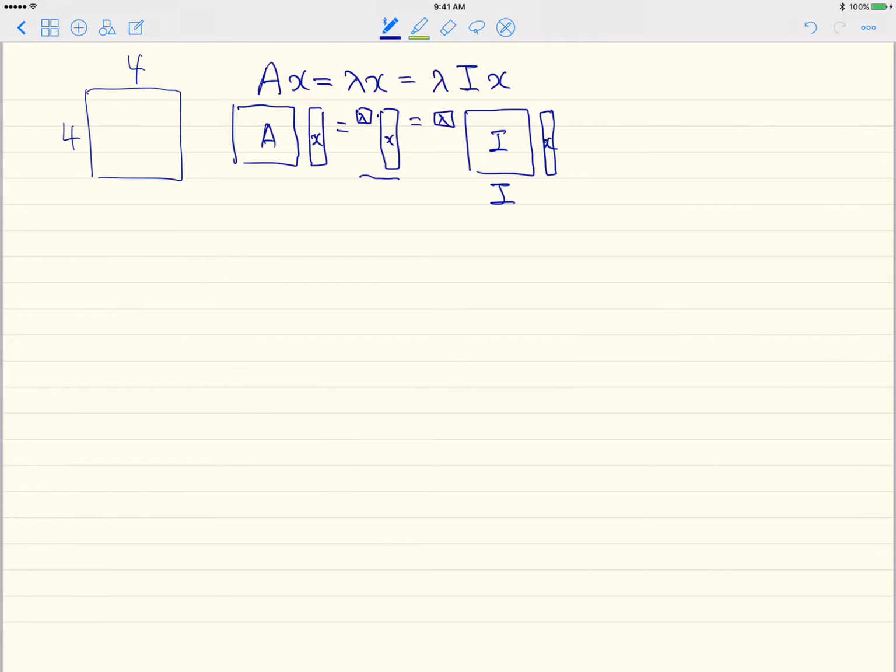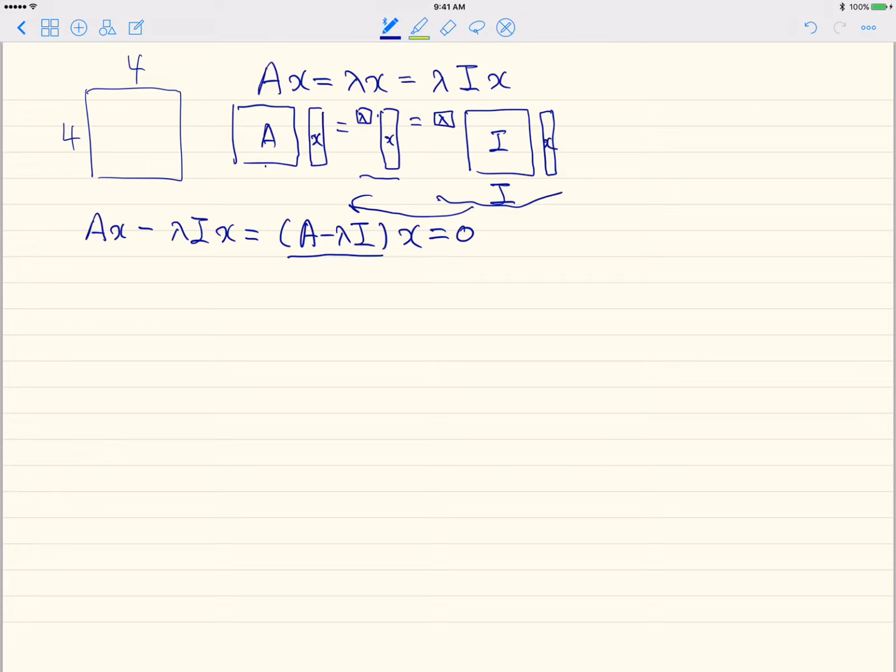Now we move this part to the left-hand side so that we obtain Ax minus lambda I x, and then we can factor it out as (A minus lambda I) times x. In this case, it should be 0, right? Let's consider the shape of this.